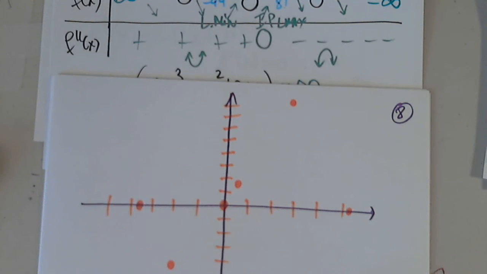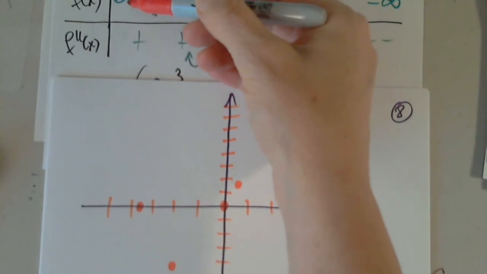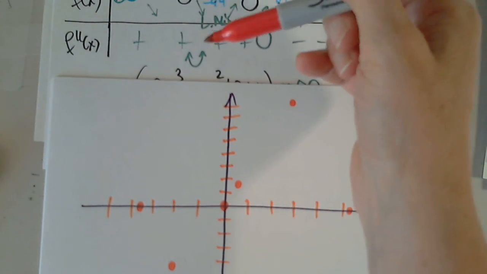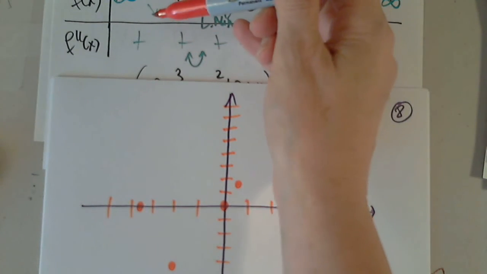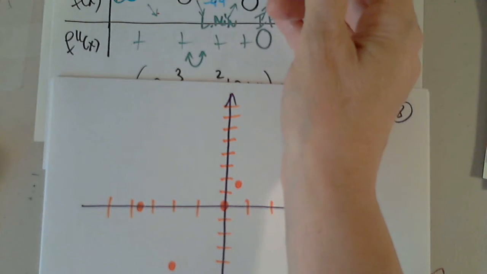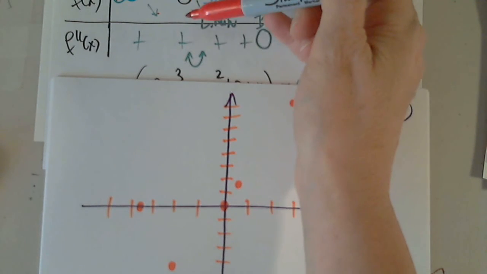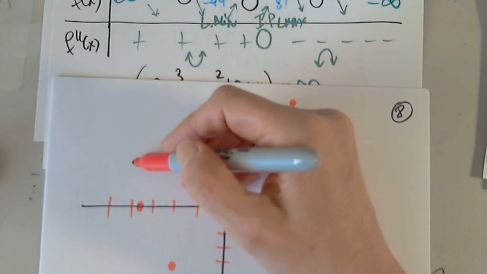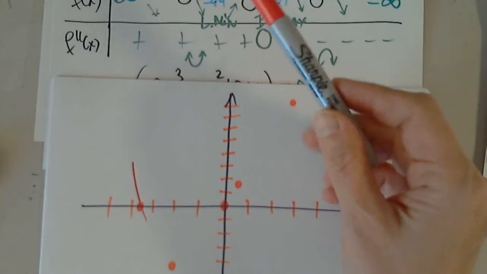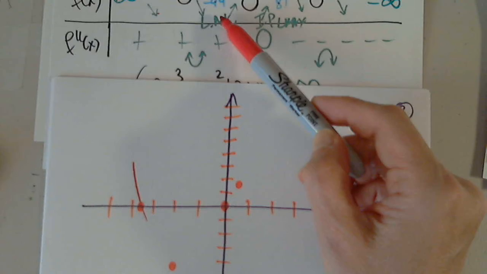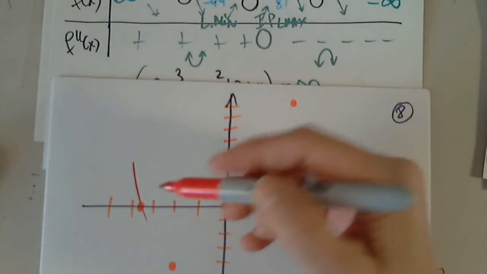So here's how I proceed. From positive infinity, it opens up, decreasing, decreasing till this point where it crosses. It's an x-intercept. Fine. It comes to a local minimum, which is at -2, -44.